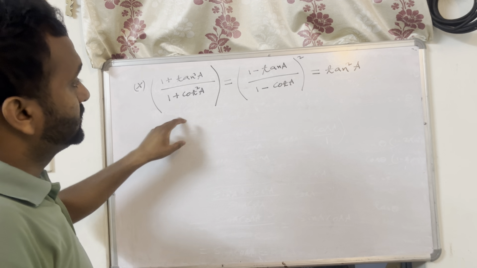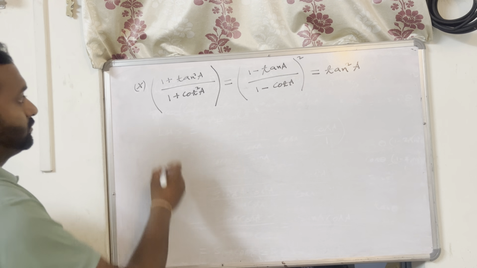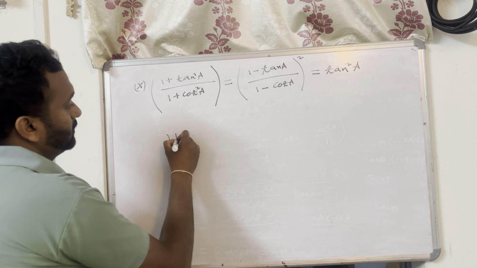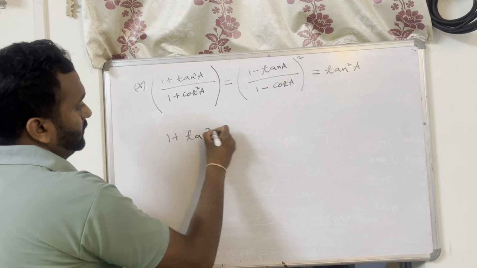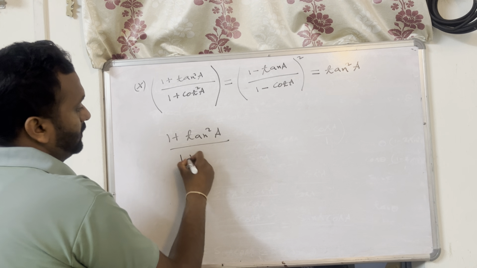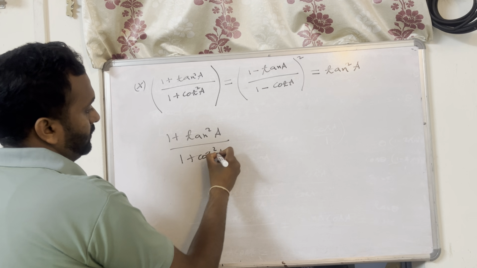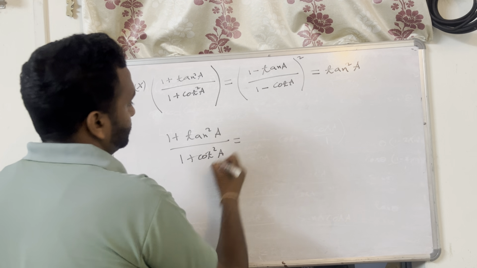So we have to prove these three parts as equal. So the first part is 1 plus tan square A divided by 1 plus cot square A, and let's try to solve it.